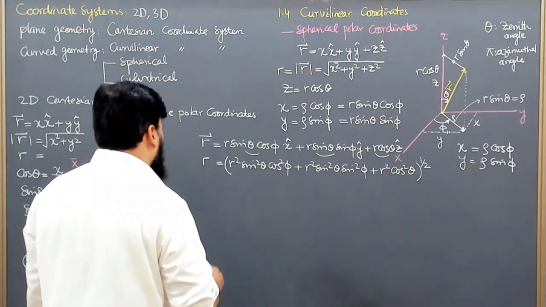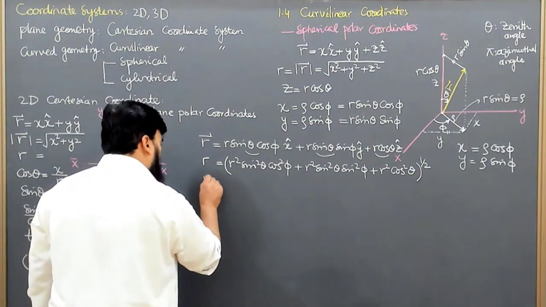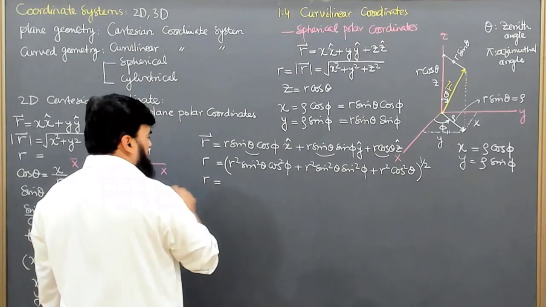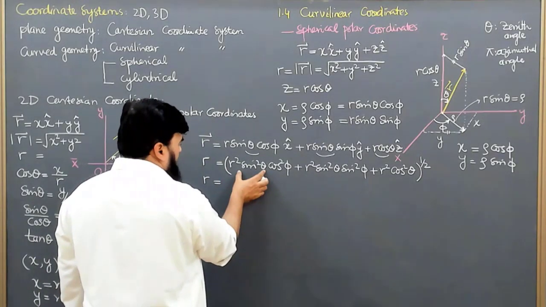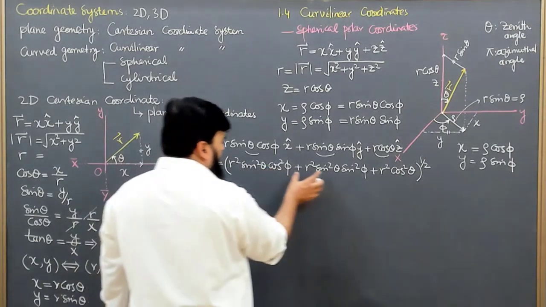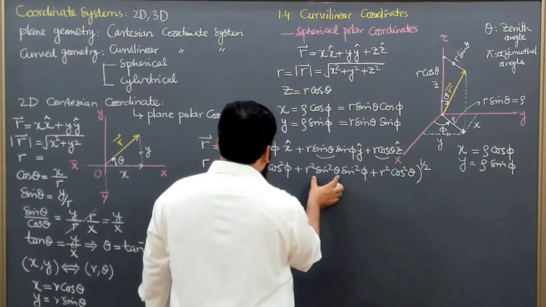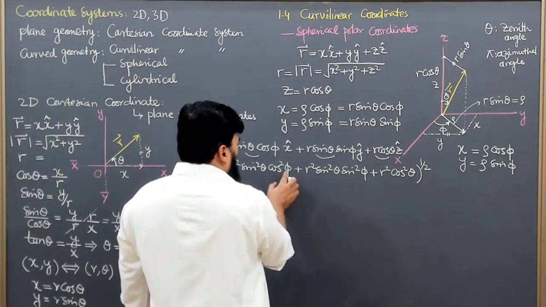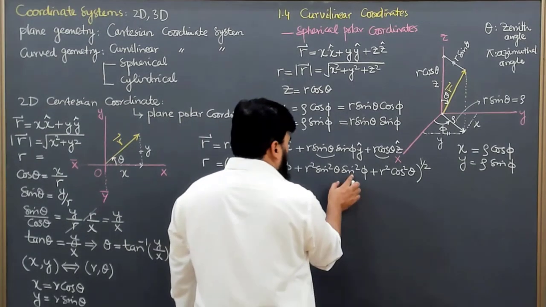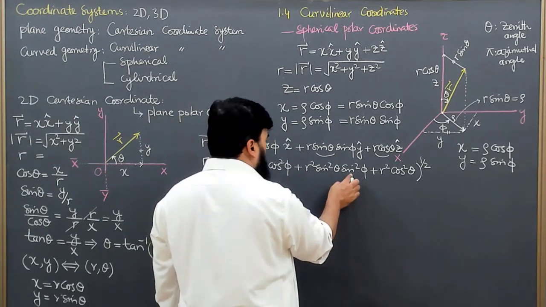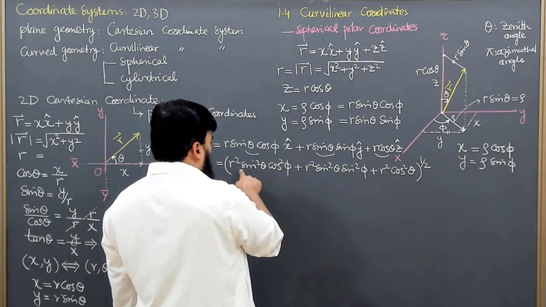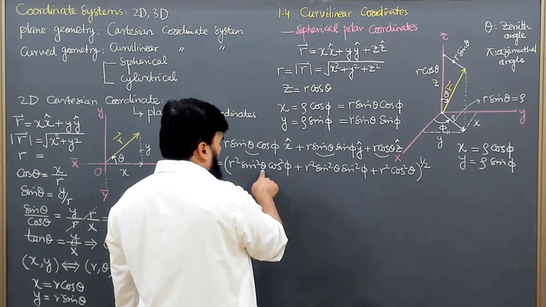Now I can further write that vector r is equal to, if I take r square sine square theta as common, here and here, it will be cos square phi plus sine square phi, and cos square phi plus sine square phi will be equal to 1. So only r square sine square theta remains.